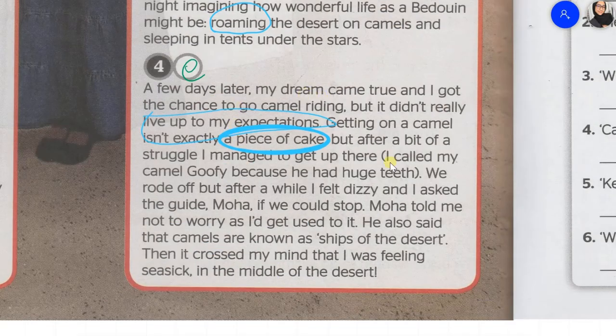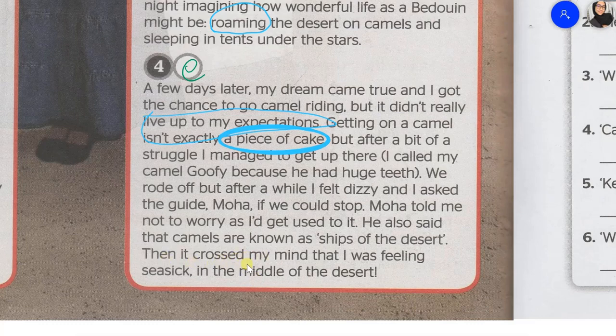Okay, the last one, realize, sedar. But after a bit of a struggle, I managed to get up there. I called Camel Goofy because he had huge teeth. We rode up and asked the guide Moha if we could stop. Moha told me not to worry. He also said the camels are ships of the desert. Then it crossed my mind that I was feeling seasick in the middle of the desert.